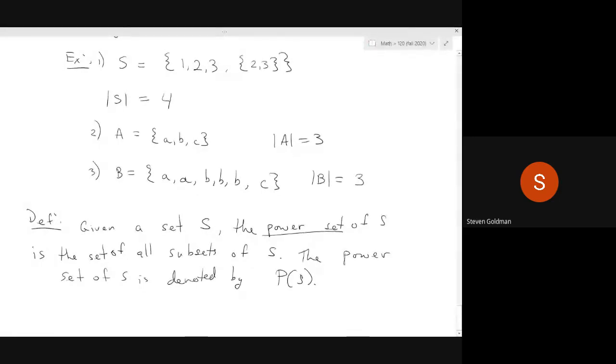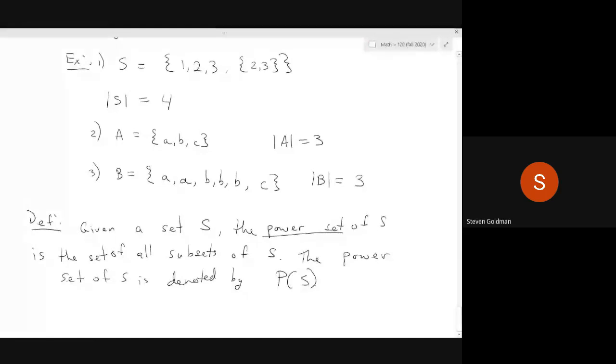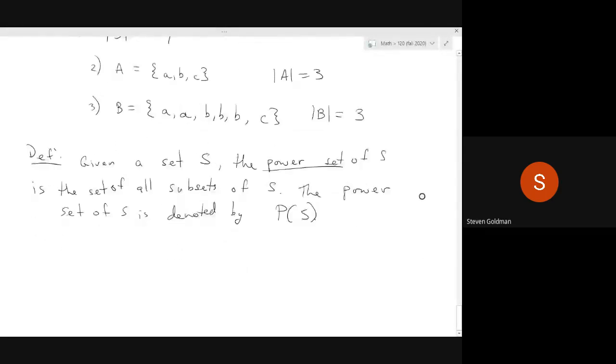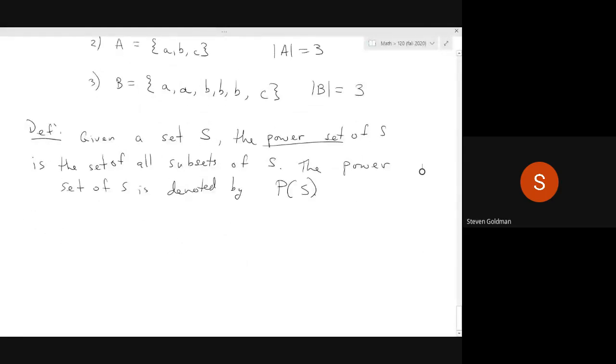It means the power set of S. So that is the set of all subsets of S. So anytime we want to talk about all the subsets of a certain set, that would be its power set.